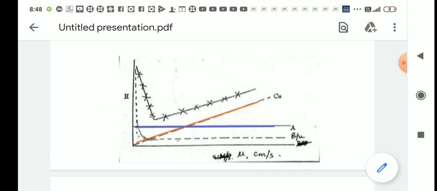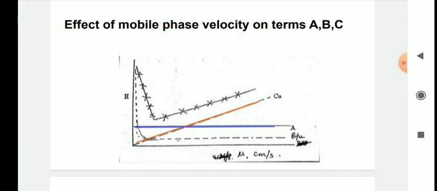So the dotted line is showing B by u, and the blue line is showing A. The dotted line shows the effect of velocity on B by u, the blue line shows no effect of velocity on A, and the red line shows the effect of velocity on Cu. The line with the crosses is the total line, that is the summation of the A term, B term and C term, and the H value against velocity is given by that line.